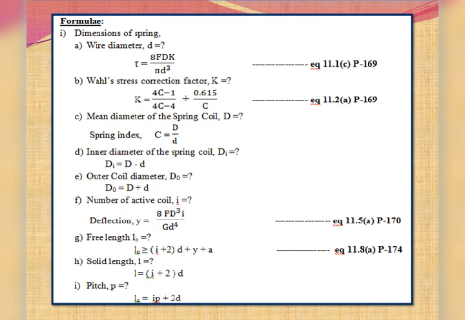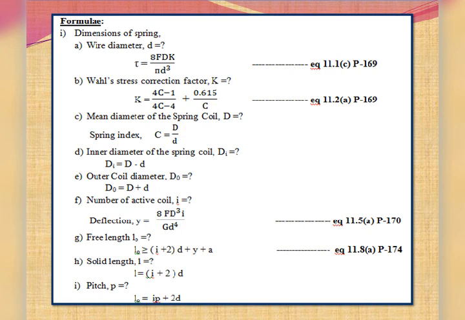While doing solutions we will work out the same. And next unknown is mean diameter of the spring coil D, that can be obtained by using the spring index. Spring index C is equal to the ratio of mean coil diameter to diameter of the wire, so capital D by small d, we are getting the value of capital D.